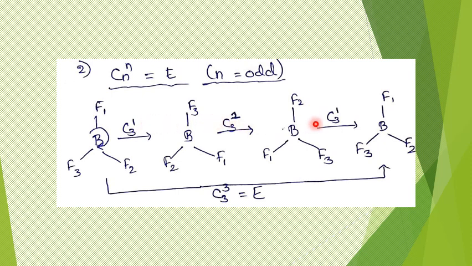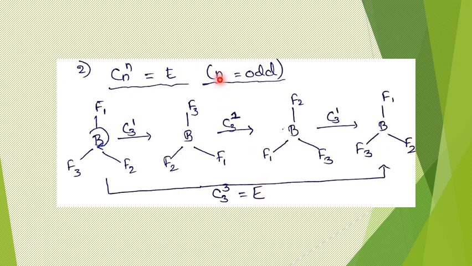In total, I have performed the C3 operation thrice, and this can be written as C3 raised to 3. And for that matter, Cn raised to n will always be a 360-degree rotation. Therefore, it should result in E itself.